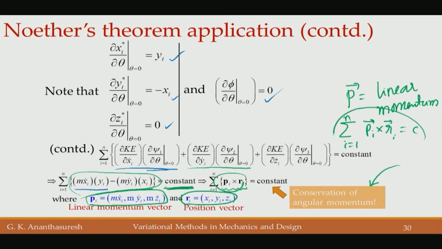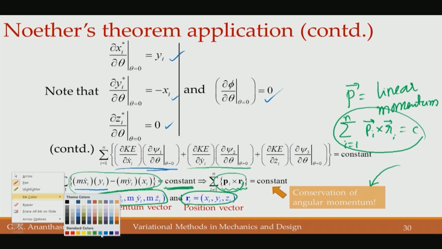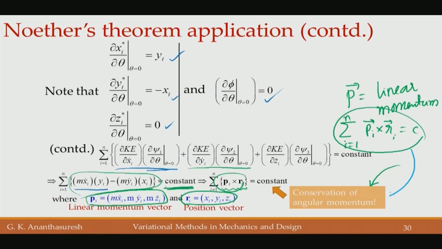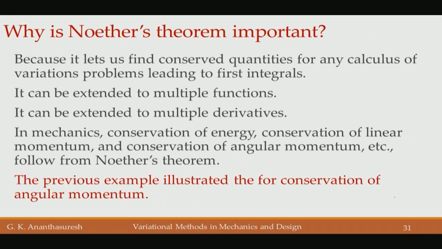This being constant is the statement we have recognized as the angular momentum over all the particles being conserved in the absence of any external moments and forces acting on it. Okay.